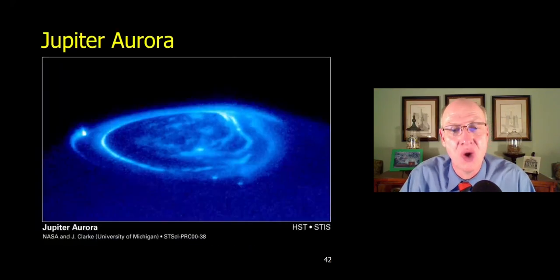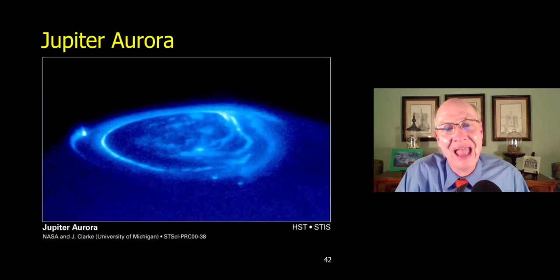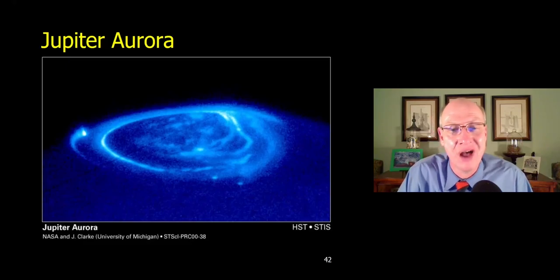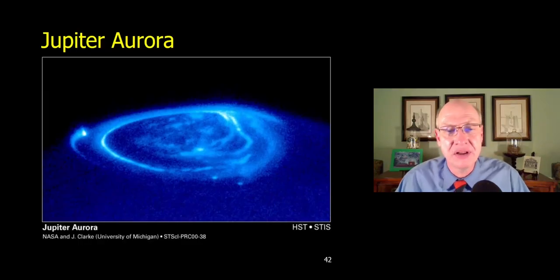Now, because of this strong magnetic field, Jupiter has strong aurora. This is a photograph of the aurora on Jupiter taken by the Hubble Space Telescope. Interestingly, the particles that are trapped in the magnetic field lines and funneled to the north and south poles largely come from the moons around Jupiter.